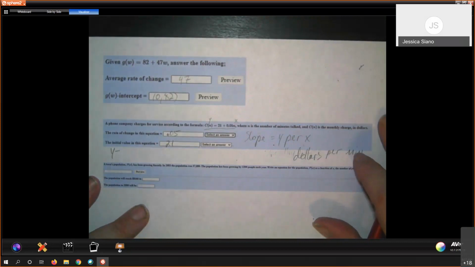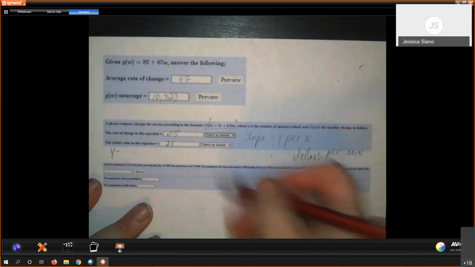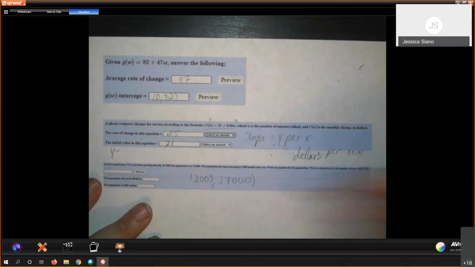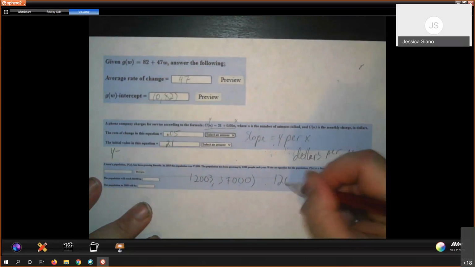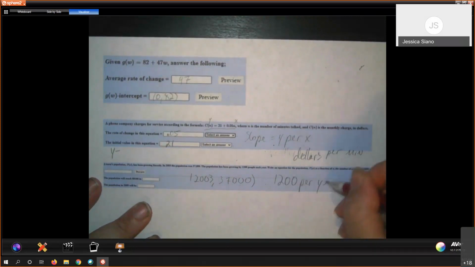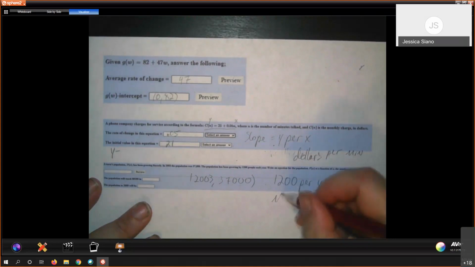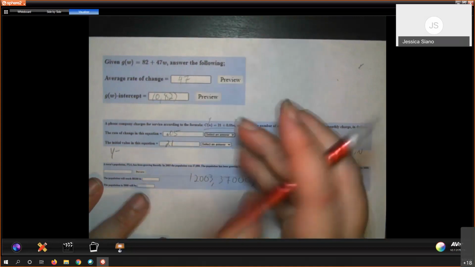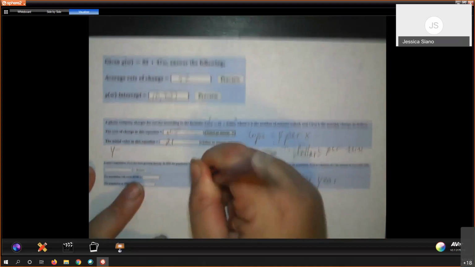A town's population has been given linearly. In 2003, the population was 37,000. The population has grown by 1,200 people each year. So 1,200 per year means that is my slope. Write an equation for the population, the number of years after. So if they want the number of years after 2003, then 2003 is my initial value.